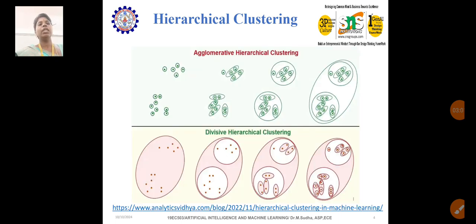Coming to hierarchical clustering, we can majorly categorize two types here. One is agglomerative hierarchical clustering, another one is divisive hierarchical clustering. You just see the first image, represented in green color, that is agglomerative hierarchical clustering. For example, you consider each point as an individual node.